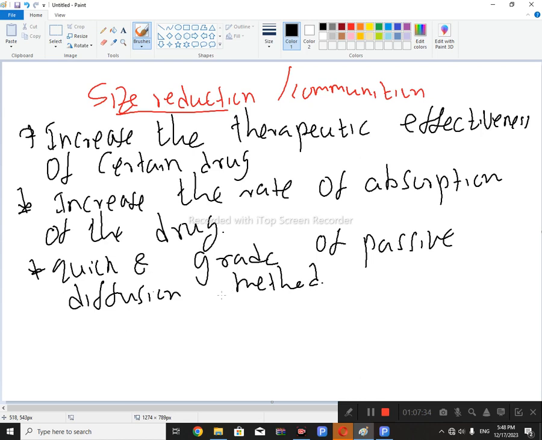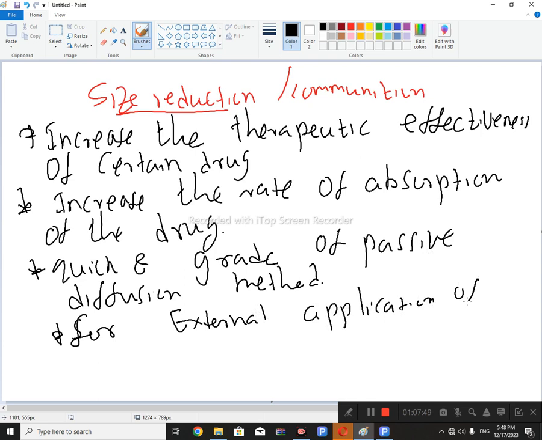Also for external application on the skin.